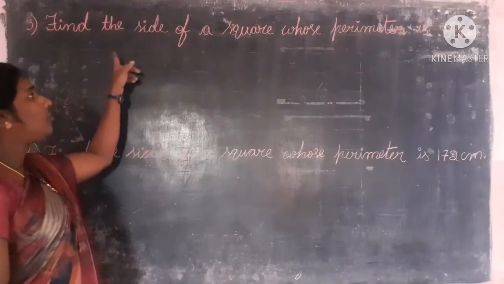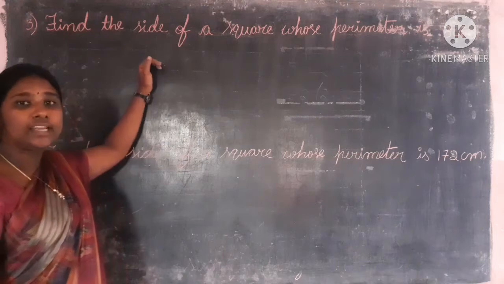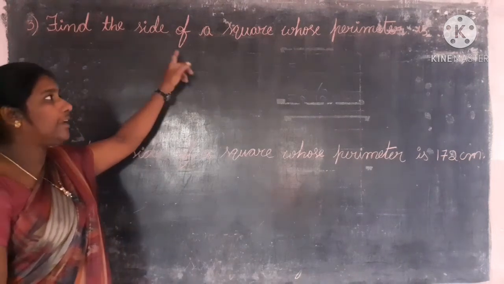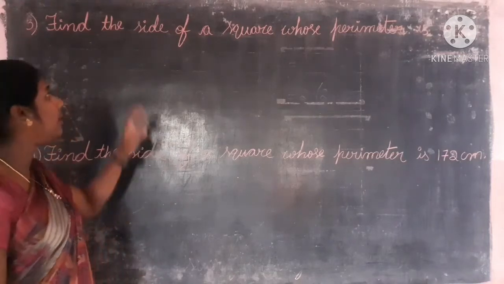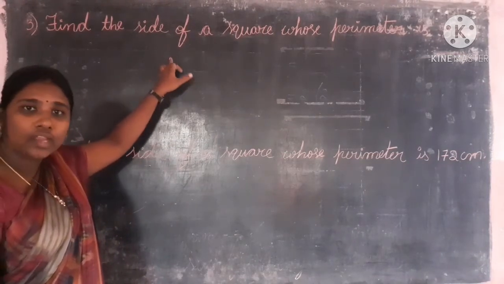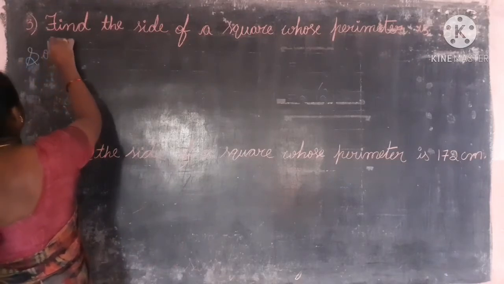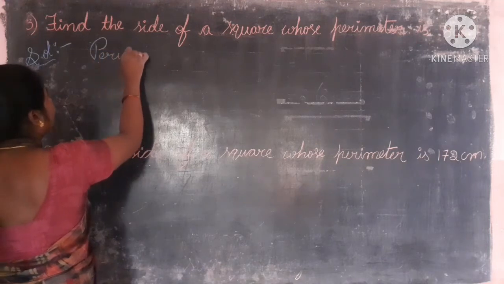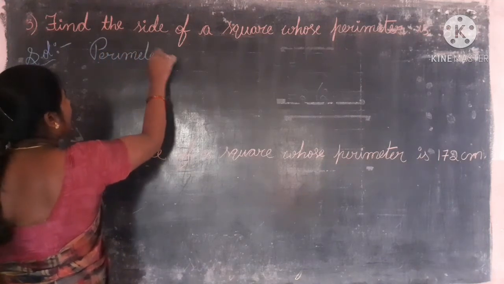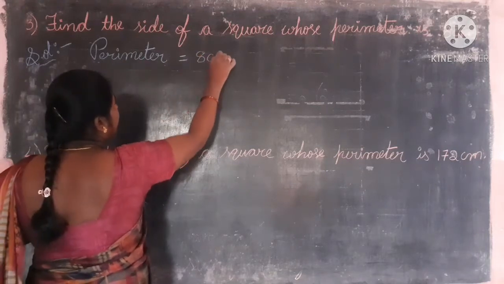Next one is find the side of a square whose perimeter is 8 centimeter. We have to find the side of this square, perimeter given. So the solution: perimeter is equal to 8 centimeter.